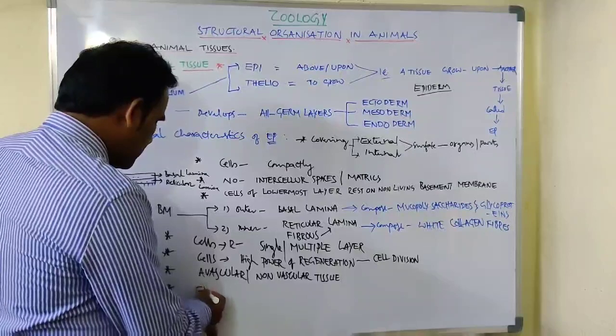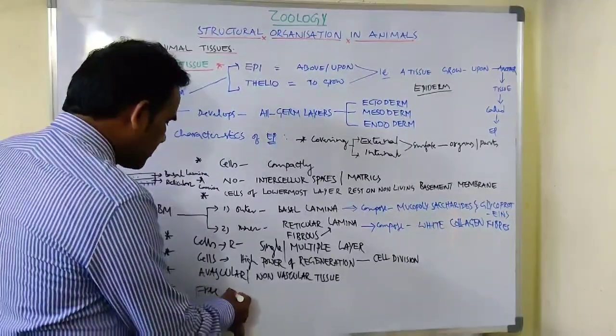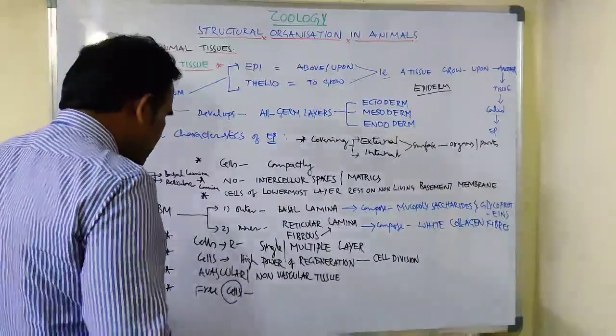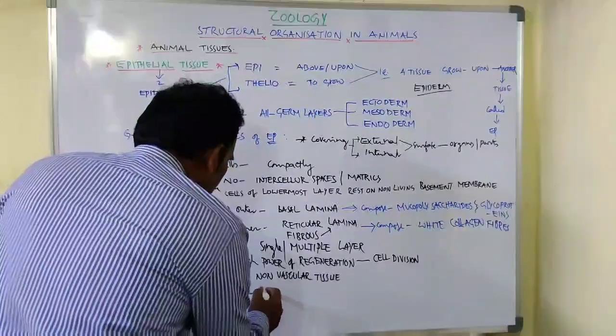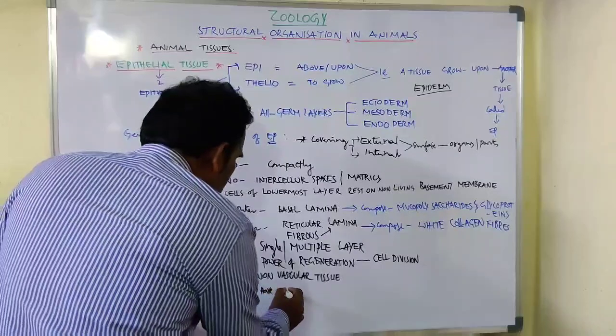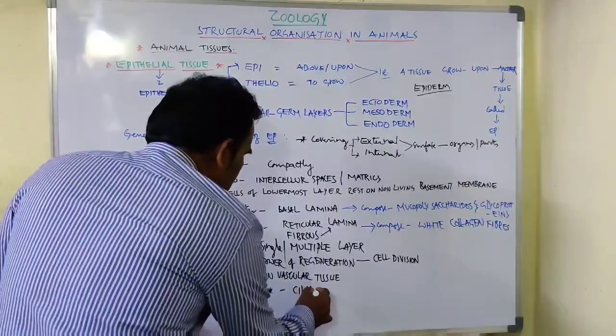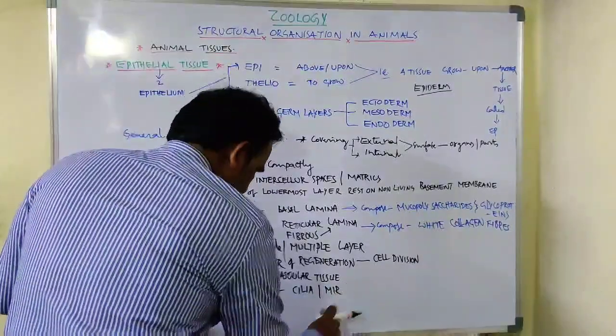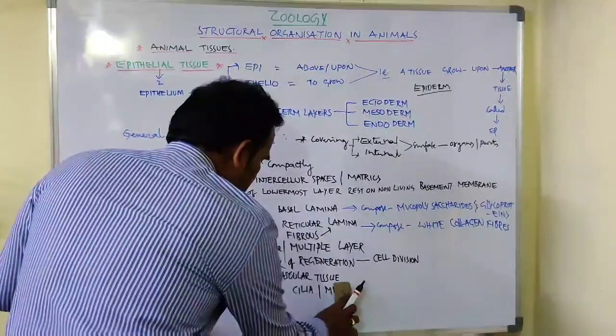The free end of the cells, the surface at one end of the cells, may have cilia or microvilli.